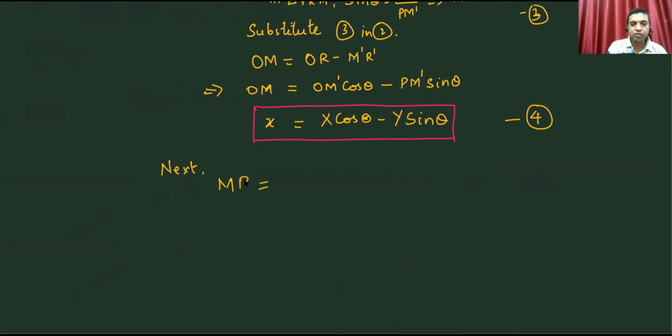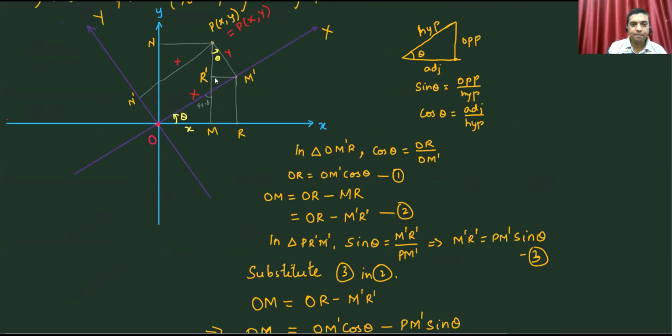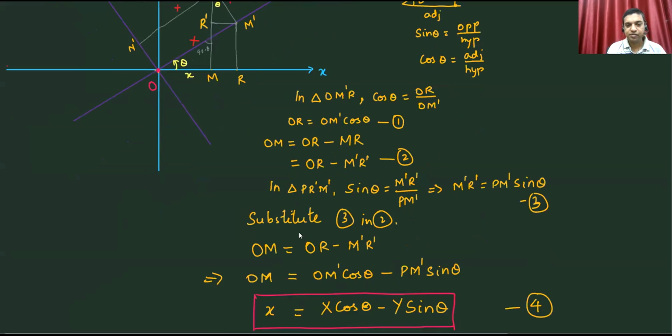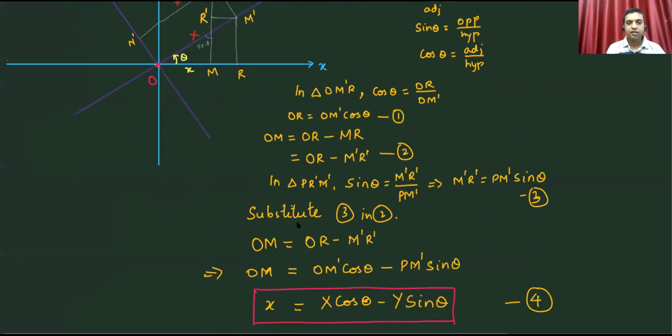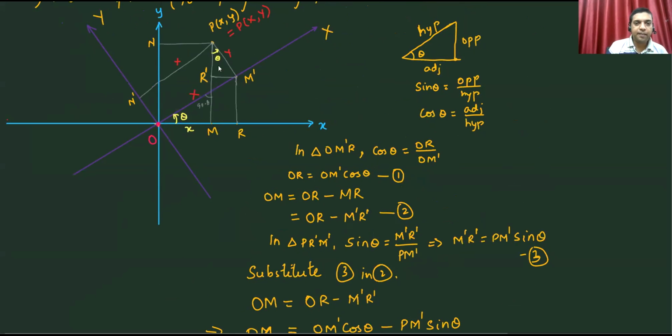MP is equal to MR dash plus R dash P. Now MP is small y, and MR dash is same as RM dash. This length is equal to this length.